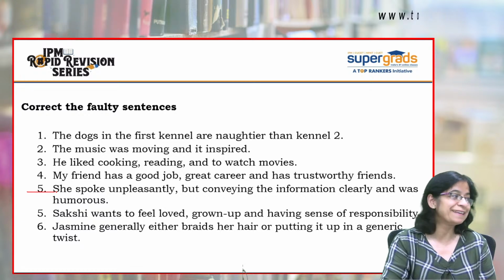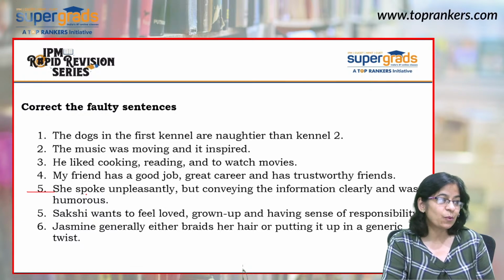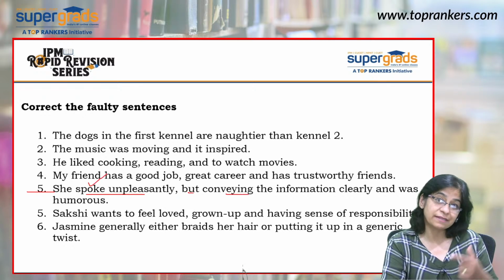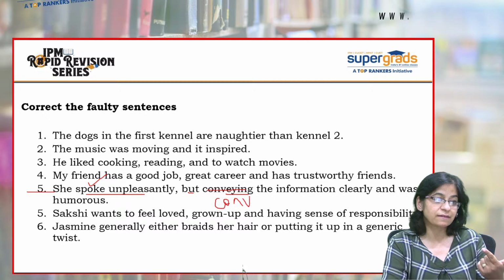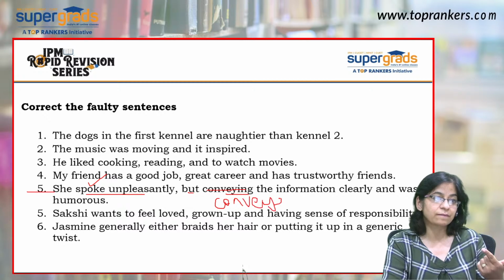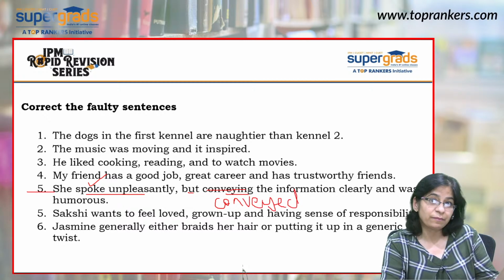Shall we? Now see, she spoke unpleasantly, but conveying. Now, if she spoke, that is simple past tense. Why would we use conveying? How about we say conveyed? She spoke unpleasantly, but conveyed the information clearly, and was humorous.